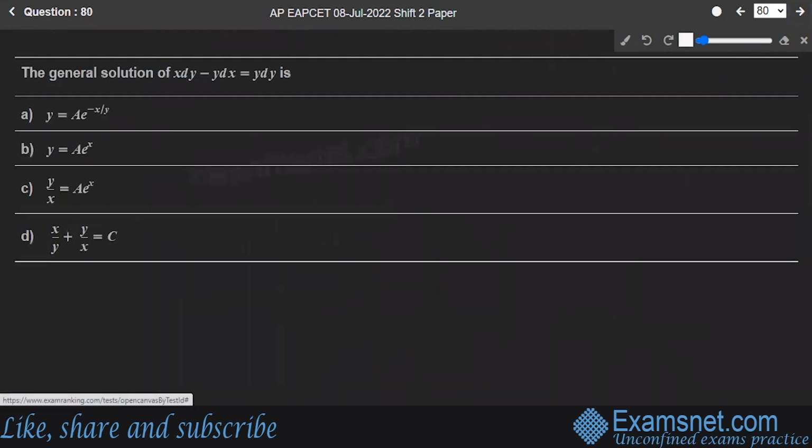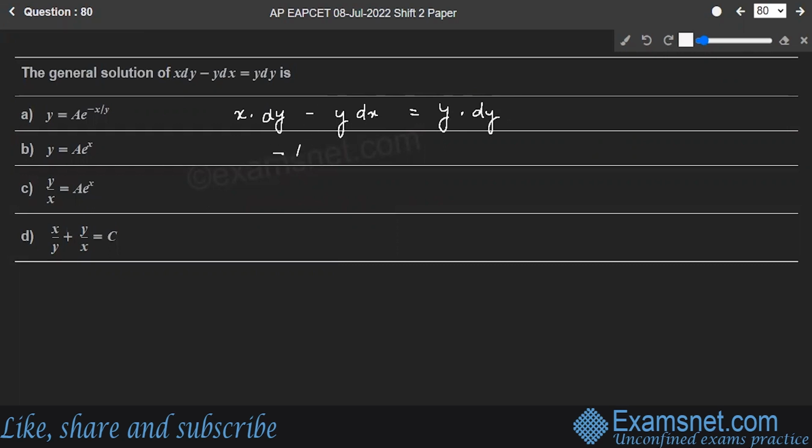Then let's move to the last question, the mathematical question of this paper. Here we go. We have to find out the general solution of x dy minus y dx is equal to y into dy. Let's write it down first. You were given x dy minus y dx is equal to y into dy.